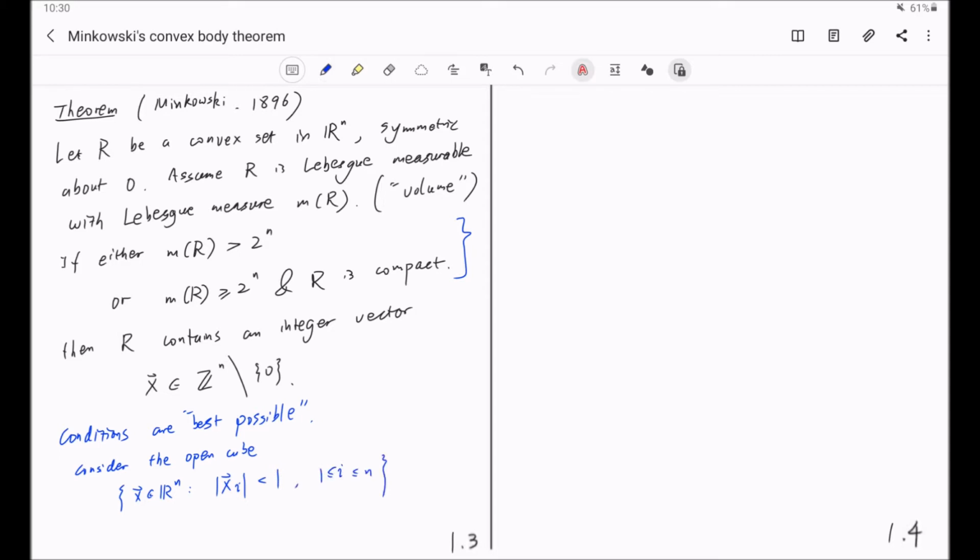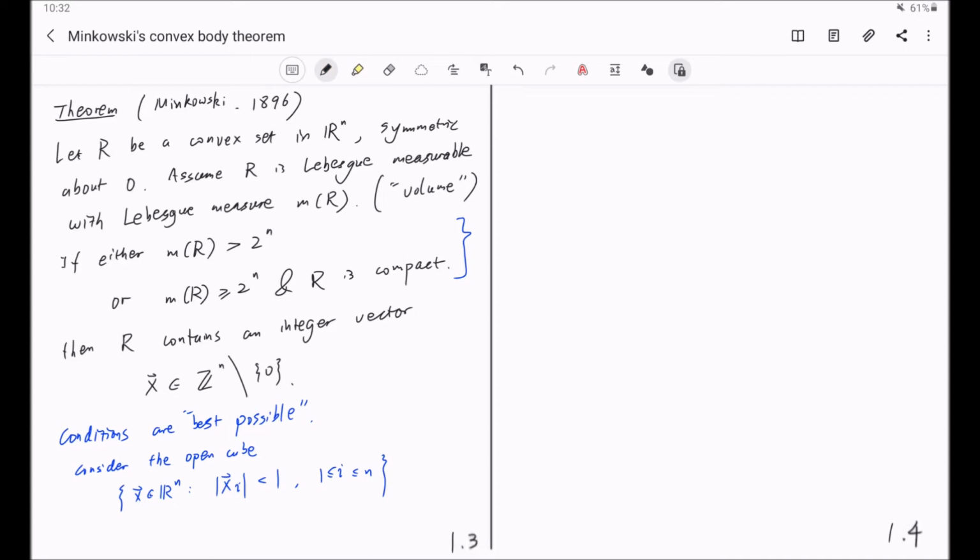In this situation, the measure of this can be easily seen to be equal to 2 raised to the power n. However, this cube is not compact, and you can also see that the only integer vector contained in the cube is just the origin, so it does not contain any non-zero integer vector. That justifies that those conditions are best possible.